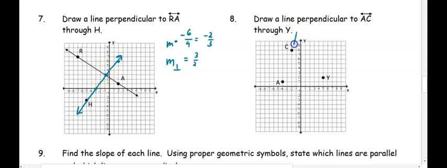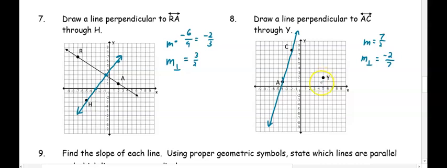In number 8, we want to draw a line that is perpendicular to AC. So AC is going to have a positive slope. So when I look at the slope of AC, I went up 7 and over 2. So my perpendicular slope is the opposite reciprocal. So instead of being positive, it's now negative, and I flip my fraction to 2 over 7.